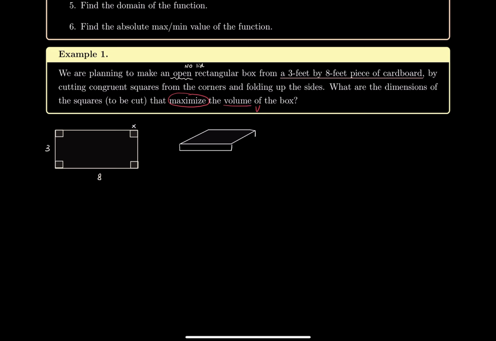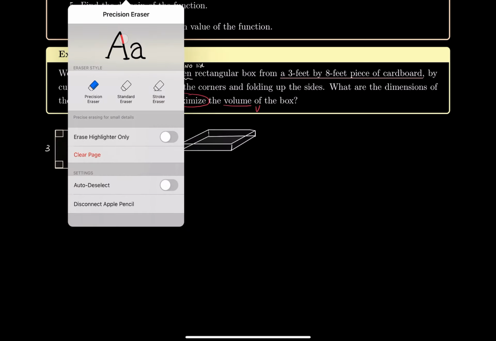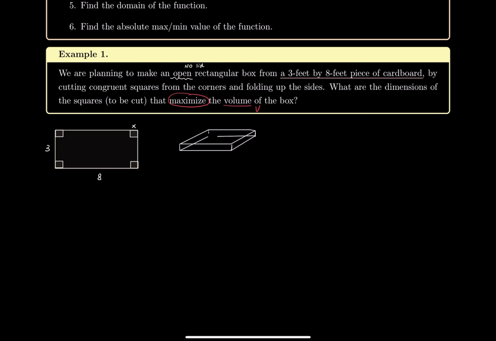It's clearly not perfect, but it's okay. Let's say this is my box. Maybe I should erase something. Shall I? Ooh, that's bad. Never mind. Let me just draw a bad box then.